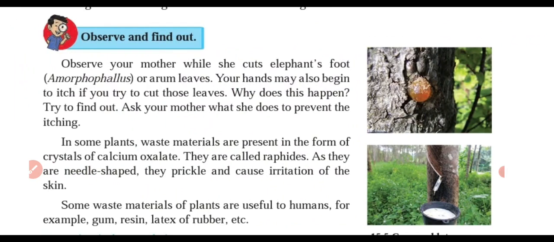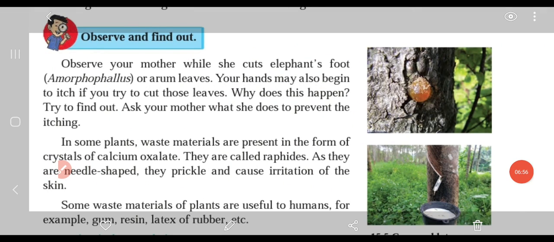Try to understand and find out. In some plants, waste materials are present in the form of crystals of calcium oxalate. They have these fine crystals inside which cause the itching. They are called raphides and they have an itchy nature. They are needle shaped and they prickle and cause irritation of the skin. So they enter our skin and we feel itchiness due to their presence.